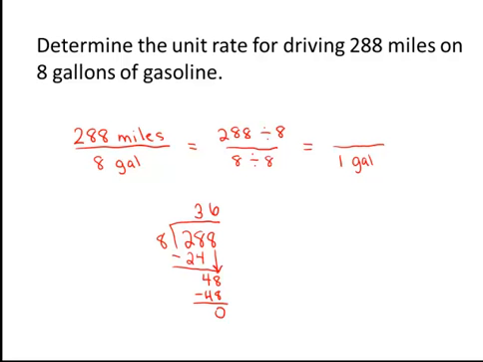So 288 divided by 8 is 36, and we have a unit rate of 36 miles per 1 gallon, which we can also say is 36 miles per gallon.